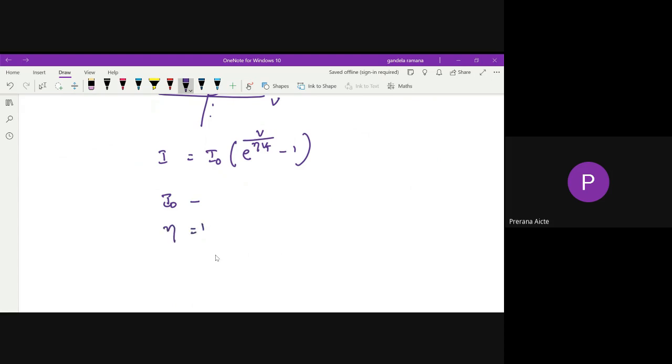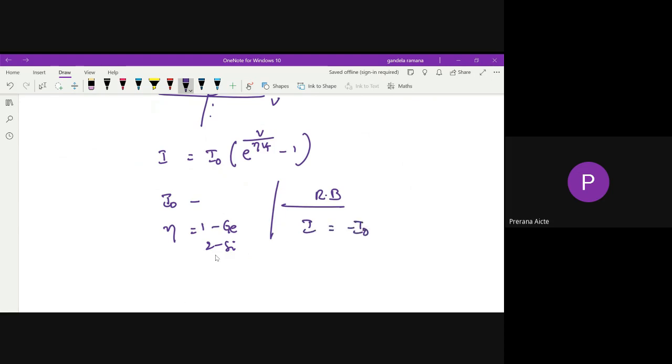Eta is equal to 1 for germanium and 2 for silicon. In reverse bias, the current is equal to minus I naught.